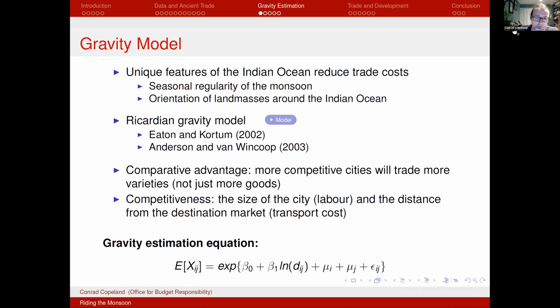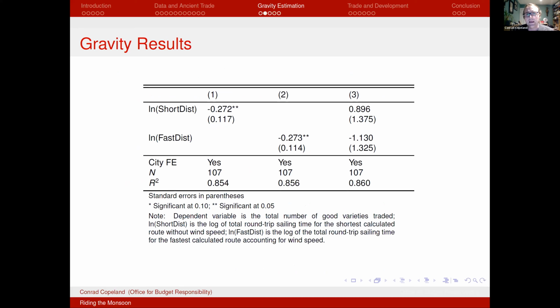And then the standard gravity estimation is down at the bottom there. And so ultimately, the key part of this table is the coefficient on fast distance. And so trade in the Indian Ocean, as given in the Periplus data, is well modeled by this gravity model.